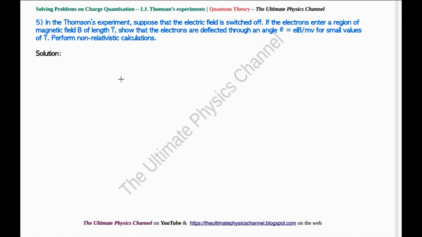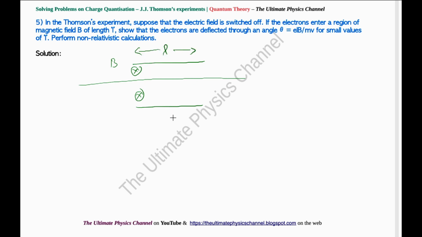In Thomson's experiment, the electric field is switched off. So basically between the plates, now there is no potential applied, and the electrons are entering this region. And there is a magnetic field whose strength is given as B, and the length of this region is L. The electrons are deflected through an angle only when the magnetic field is present, and this angle is theta.